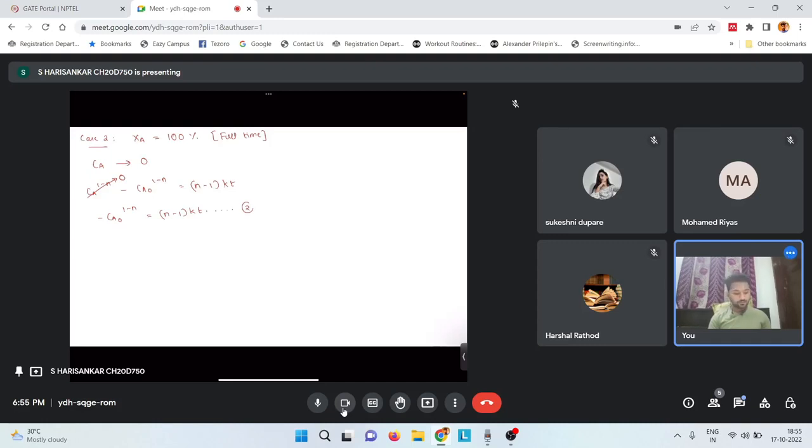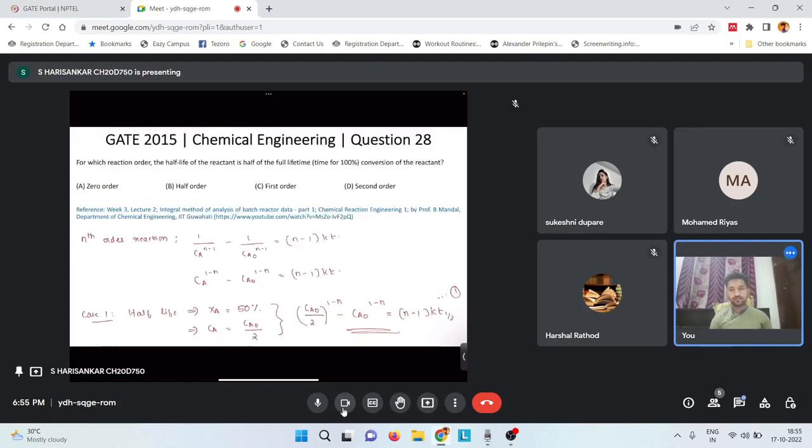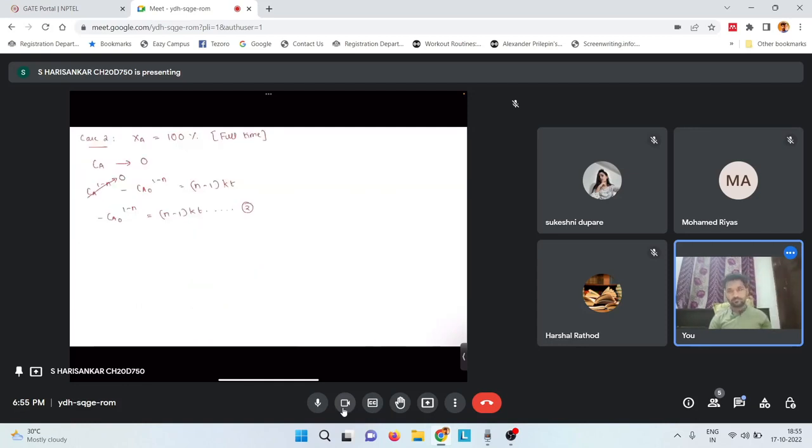Also, we need to note that the time is different. So in the first case, it is n minus 1 into Kt half, and in the second case, it is n minus 1 into Kt. So we have two equations. Divide these two equations. So let's take 1 divided by 2.